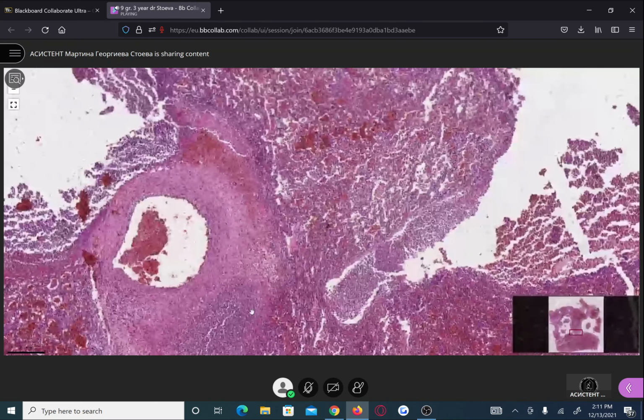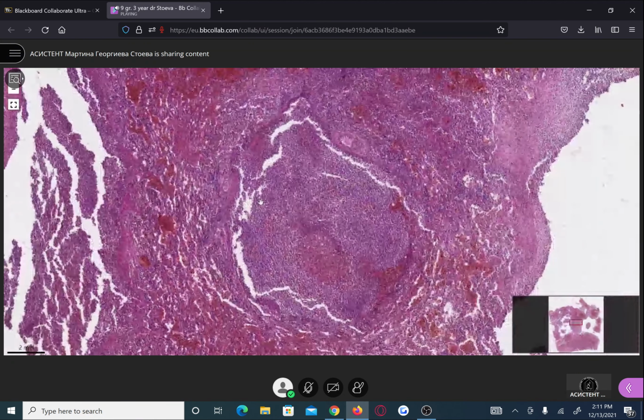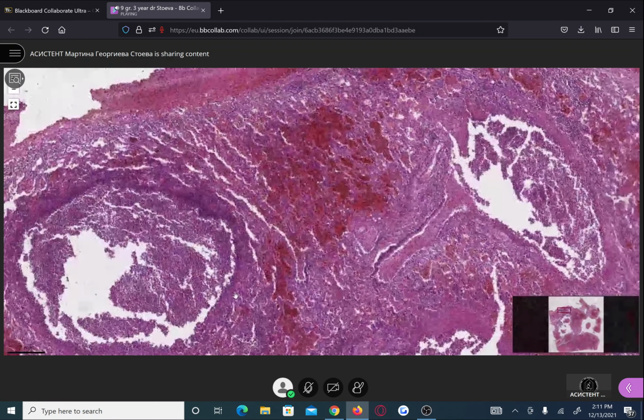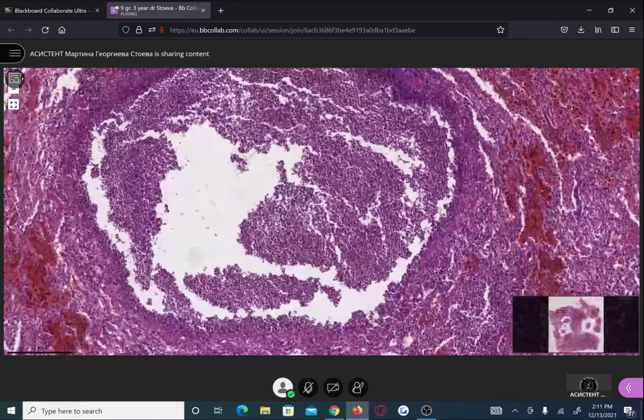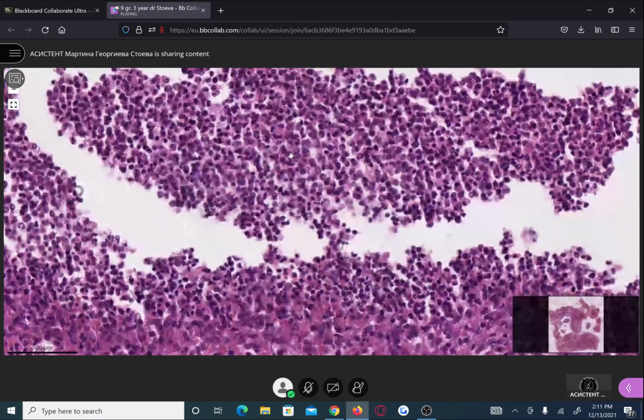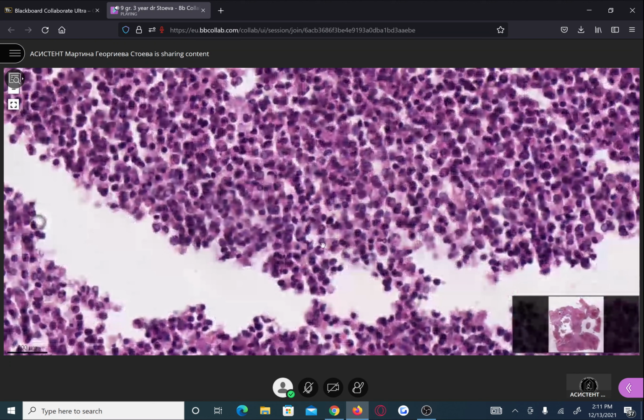But also, this pneumonia is associated with formation of abscesses. We already mentioned that the abscess is a localized purulent inflammation, and histologically this localized purulent inflammation is visible as a cavity filled with neutrophils or polymorphonuclear cells.